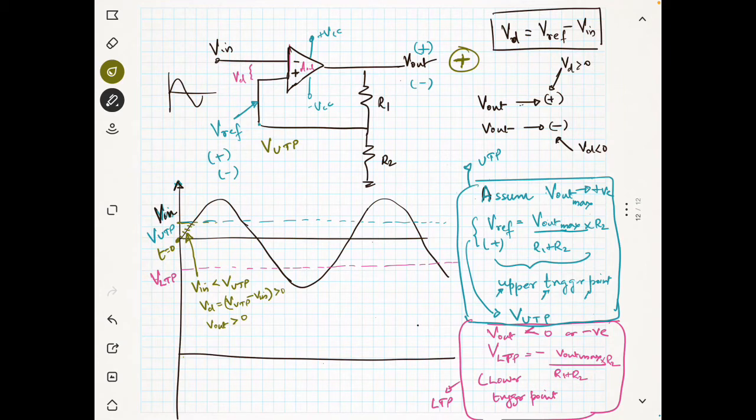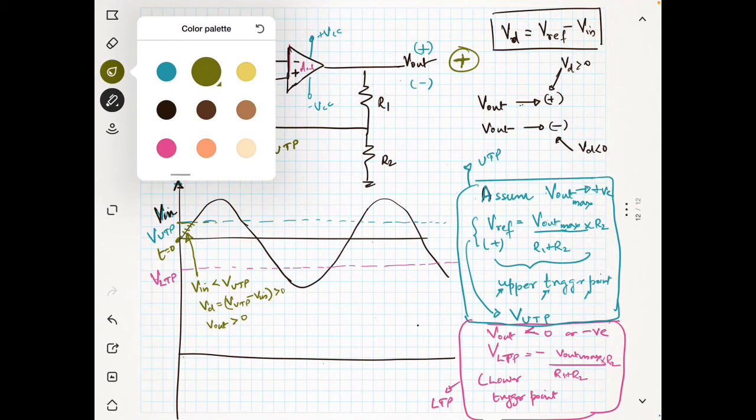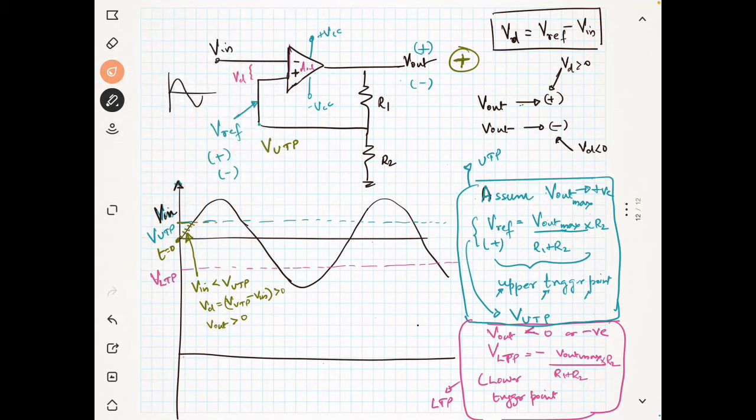Now what will happen if the input becomes greater than VUTP? We will see these are all the points where the input is greater than VUTP. Then what will happen? Will your VD become greater than 0 or less than 0? What is VD?